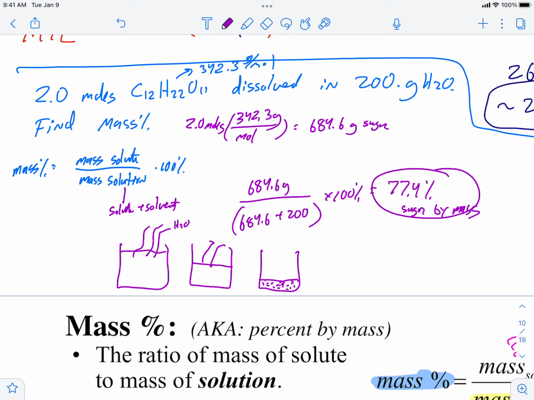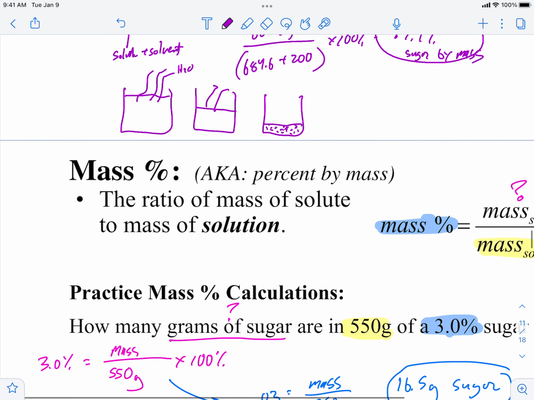And it gets thicker and thicker. The reason why it pours so slowly is because sugar molecules have lots of hydrogen bonding. So the molecules attract each other really strongly, and so they're resisting moving, right? Anyways, just a practical application.